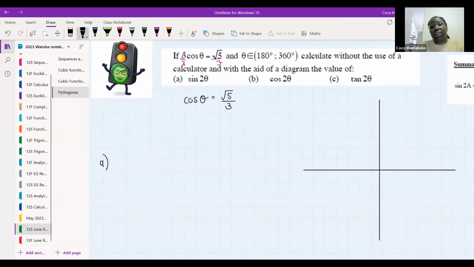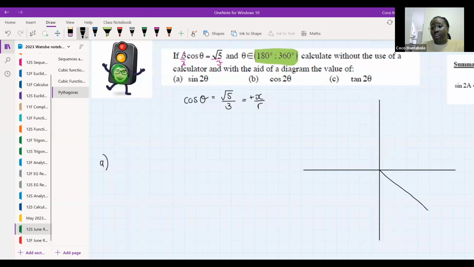And I know that cos of theta is x over r. They've also told me that my theta is only defined between 180 and 360, which means that if I want it to be positive, because both of these are positive, I'm going to need a positive x value, which means it must be in the 4th quadrant.